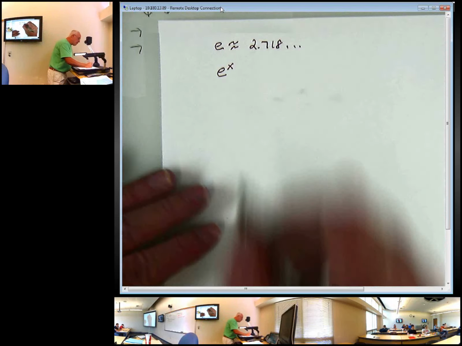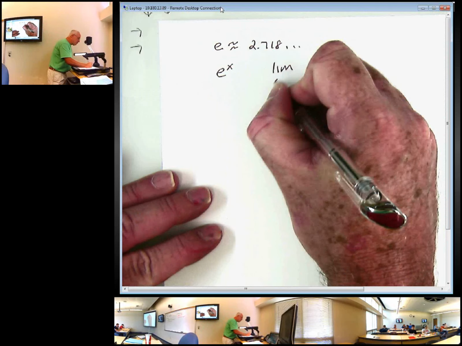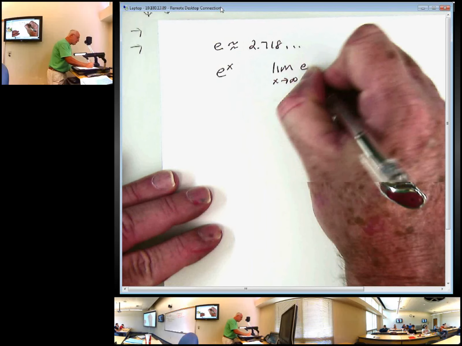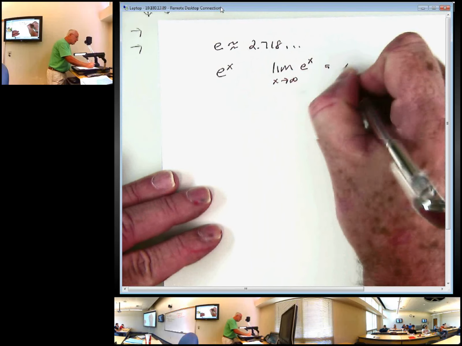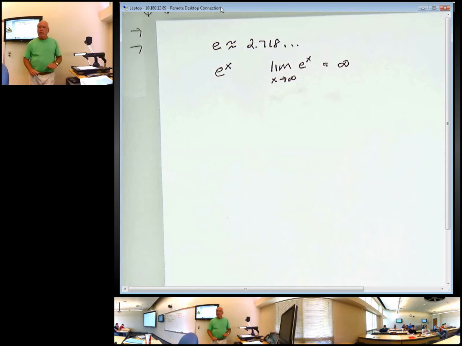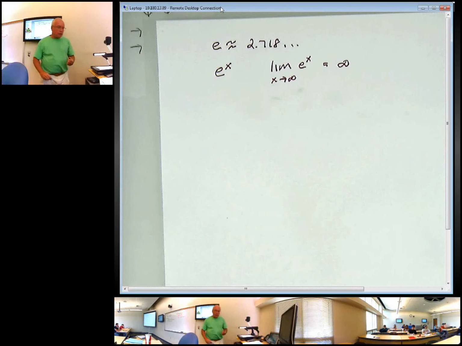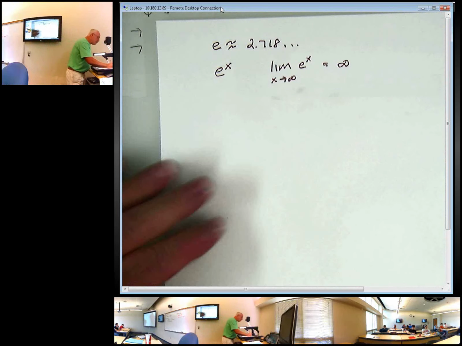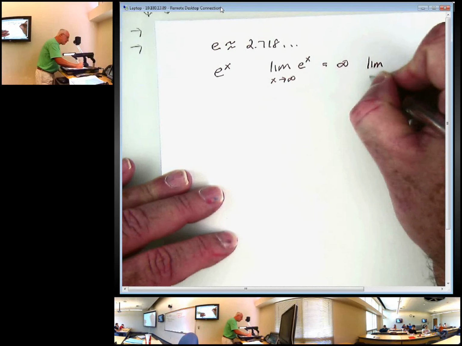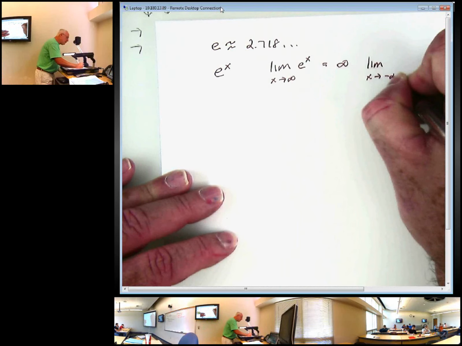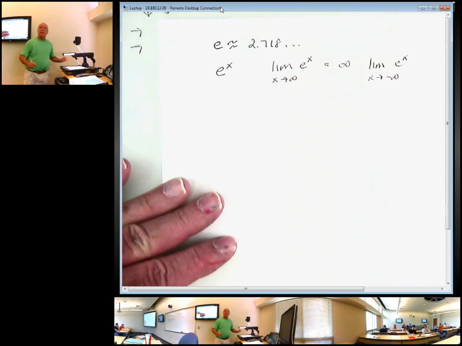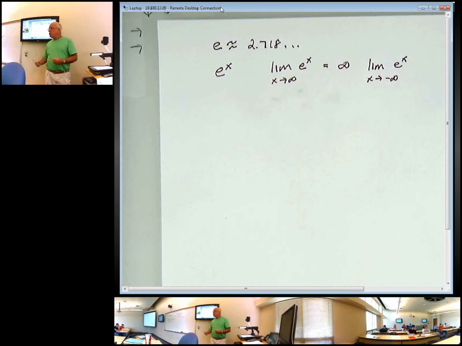So the limit as x tends to infinity of this function is equal to infinity. And then if we go in the opposite direction, the limit as x goes to negative infinity towards the left-hand side of the graph, that it goes to 0.